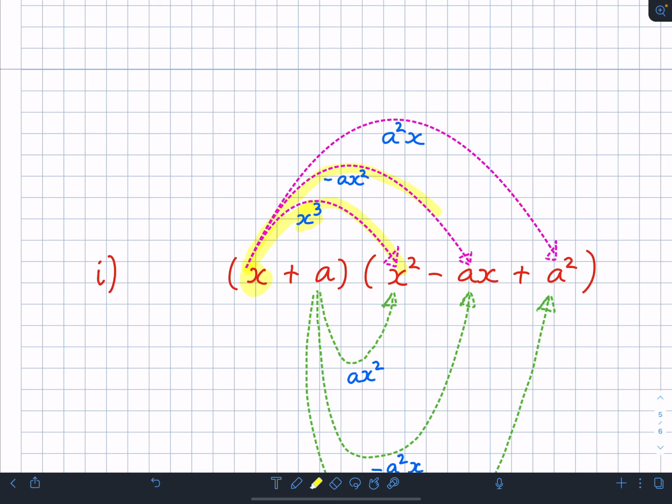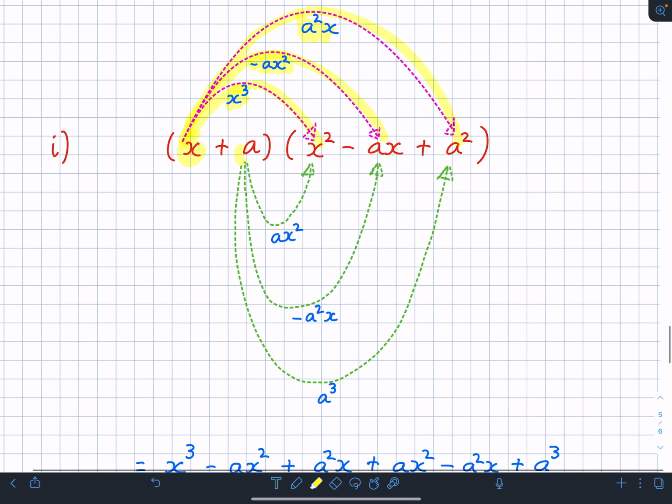Then x multiplied by negative ax, that will give us negative ax squared. And thirdly, we have x multiplied by a squared, which will give us a squared x.